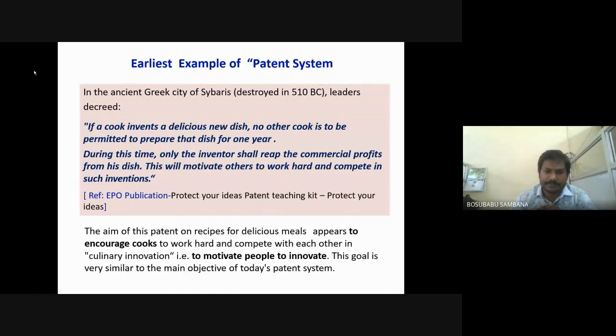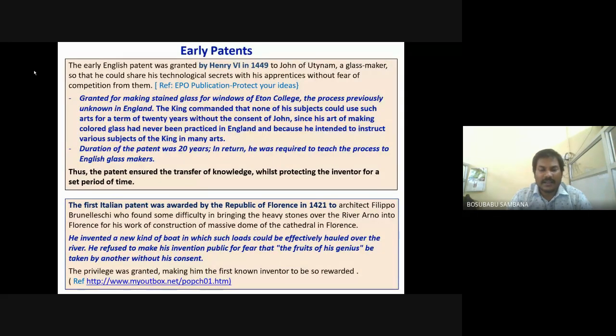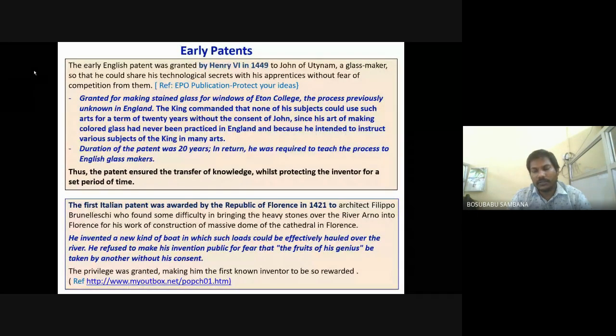After that, the first patent, the early English patent, was granted by Henry VI in 1449 to John Utynam, a glassmaker. The glassmaker later gave some orientation classes on how to create new glasses with the existing mechanism.